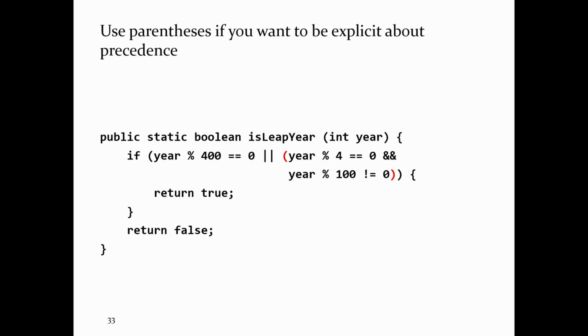Right? Parentheses always have highest precedence. And so if you wrap up the or part, the and part in parentheses, then it becomes clear to everybody that in fact you are computing the result of this logical condition first, and then taking the or with the first logical condition there. Right? So you're allowed to use parentheses to be explicit about precedence.